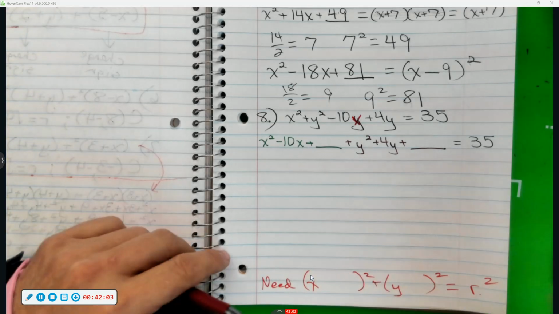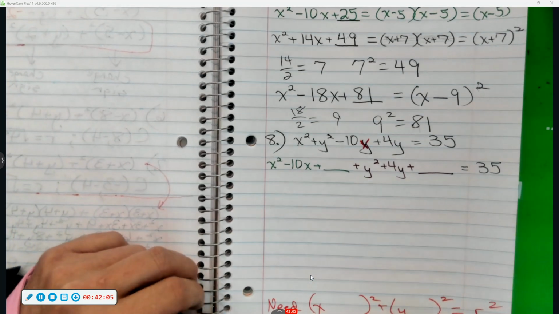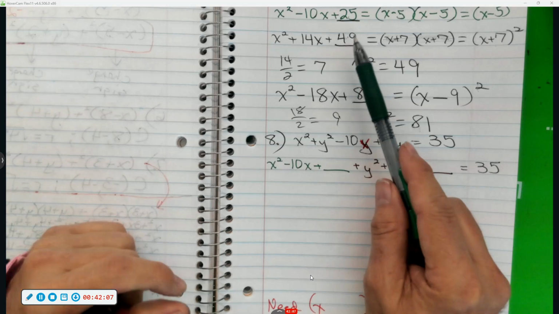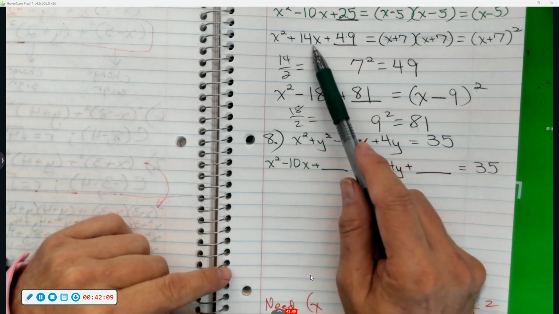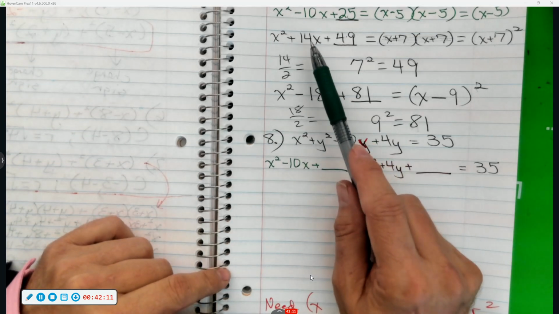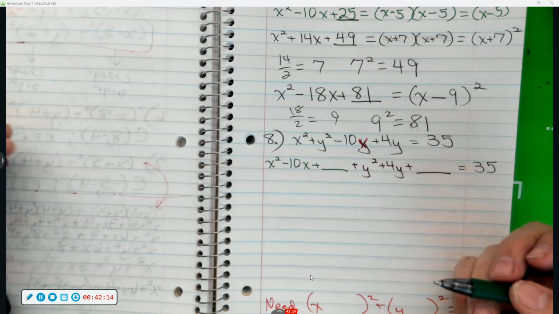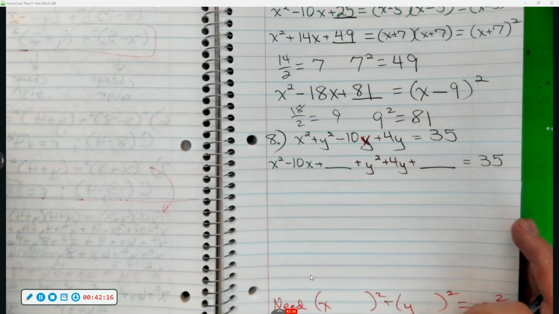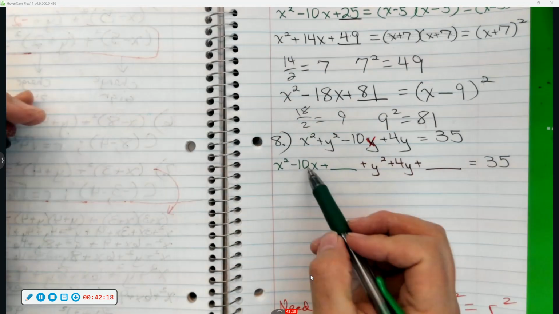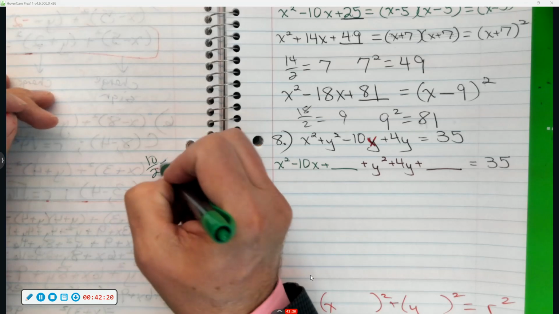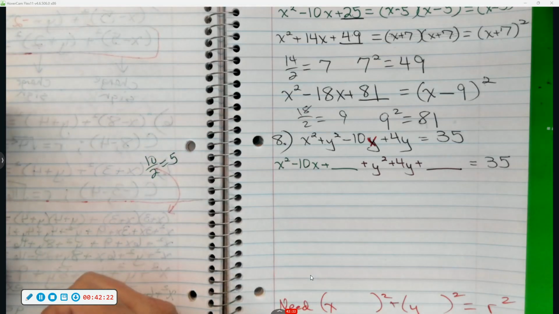What do we do to create those perfect squares? Remember this problem here? How did we get that 49? We did two things to that number there in front of x. What did we do? Half of 10. Half of 10 is 5. And then what do we do?